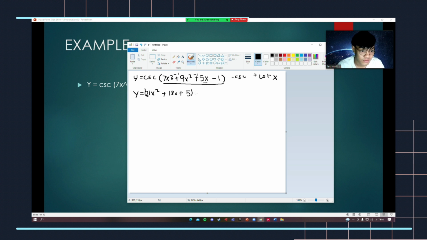So we have negative cosecant of 7x cubed plus 9x squared plus 5x minus 1, cotangent of 7x cubed plus 9x squared plus 5x minus 1.